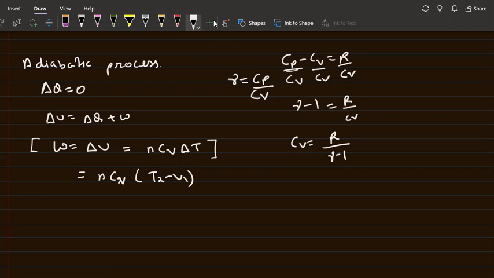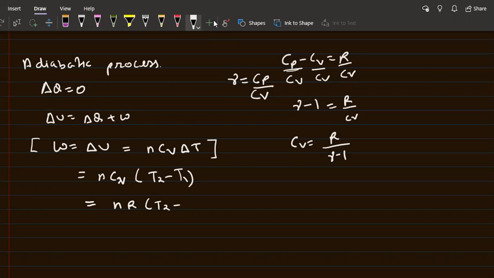Everyone is getting this? Okay, can I write Cv as R by gamma minus 1? So we will get nR(T2 minus T1). Which part did I just write? Cp minus Cv is equal to R. Divide everything by Cv.